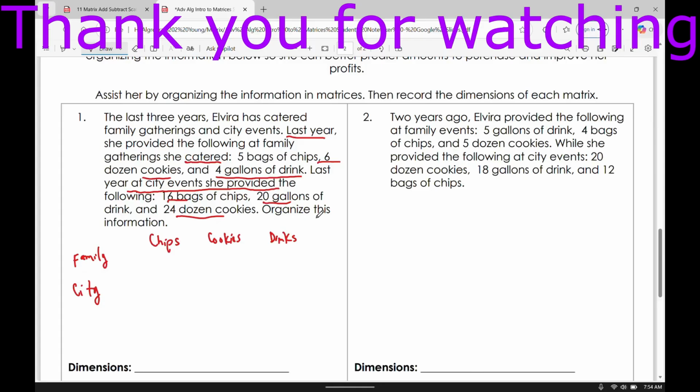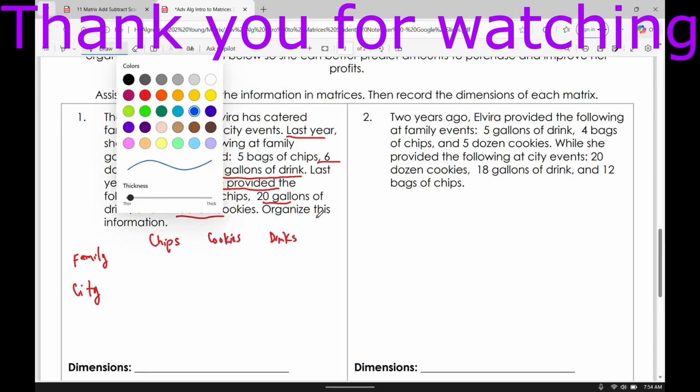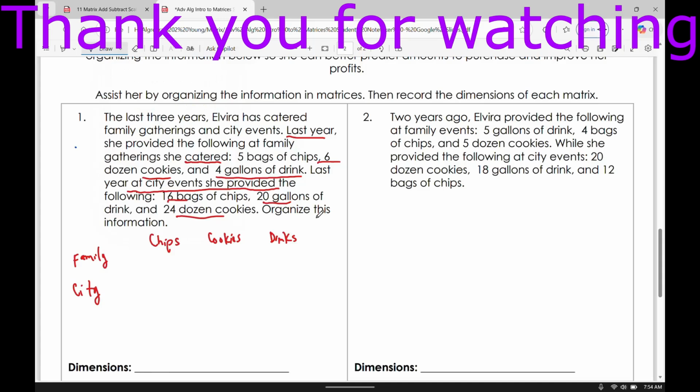Now let's put in the numbers from her information. Families: 5 bags of chips, 6 dozen cookies, and 4 gallons of drink. For the city: 16 bags of chips, 20 gallons of drink, and 24 dozen cookies.